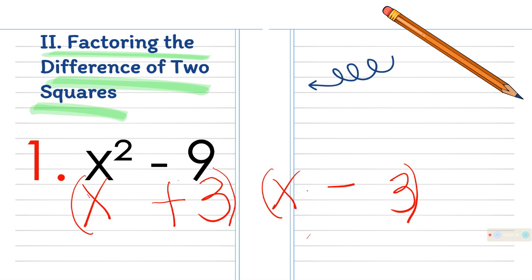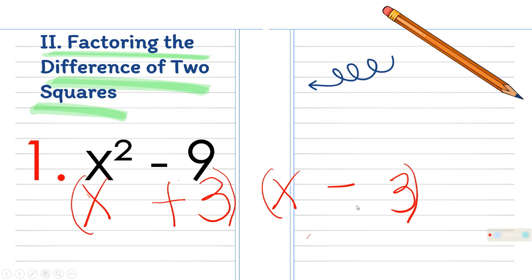And again, find the square root of the first term, x. Find the square root of the second term, 3. Then express it as the product of the sum and difference of two terms. So the factored form of x squared minus 9 will be x plus 3 times x minus 3. Is there any question?